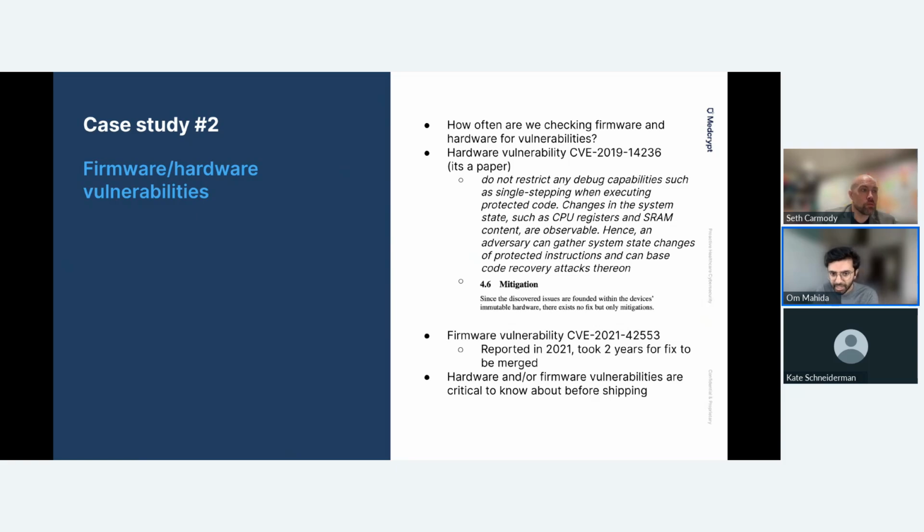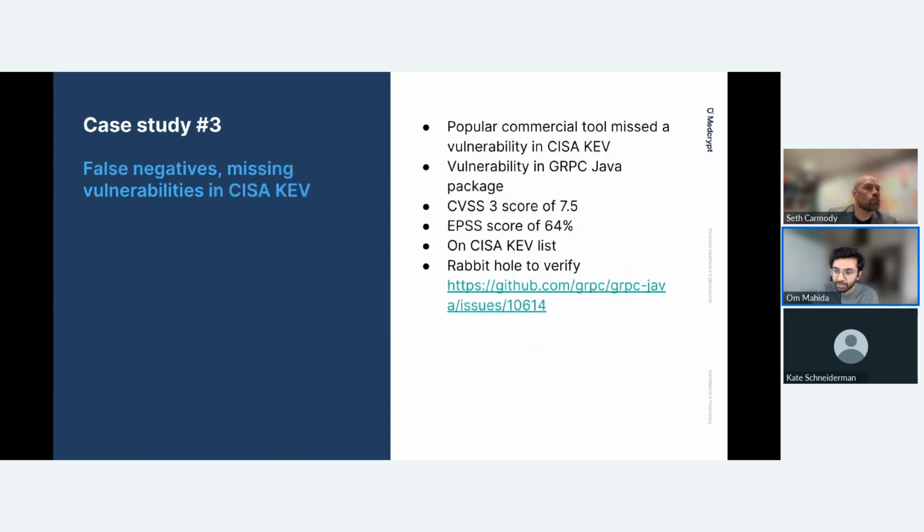And firmware and hardware stuff always takes longer. One of the examples I have, the second one, it took 2 years for the fix to be merged after it was brought to the attention of that OEM, and that's just something that isn't going to change anytime soon.